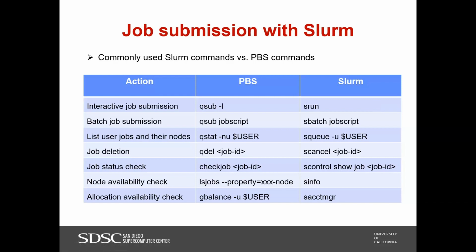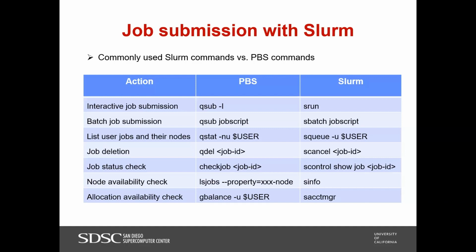For example, submitting an interactive job in PBS is qsub -I, an uppercase I, and in SLURM you use the srun command. If you want to submit a batch job in PBS, you use qsub with your job script.